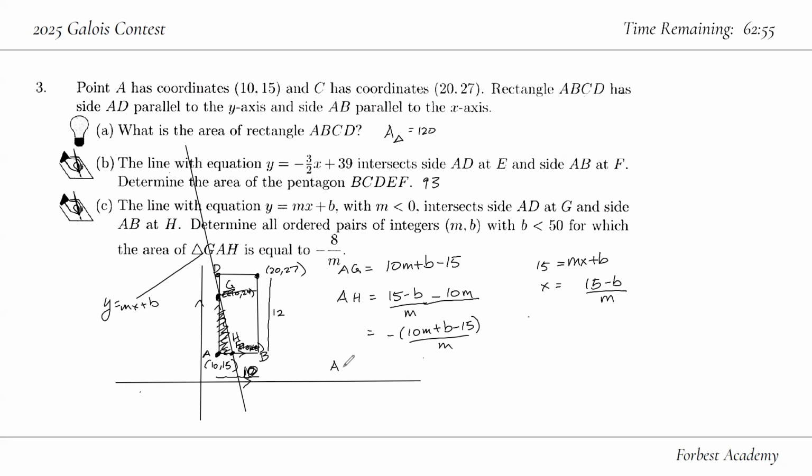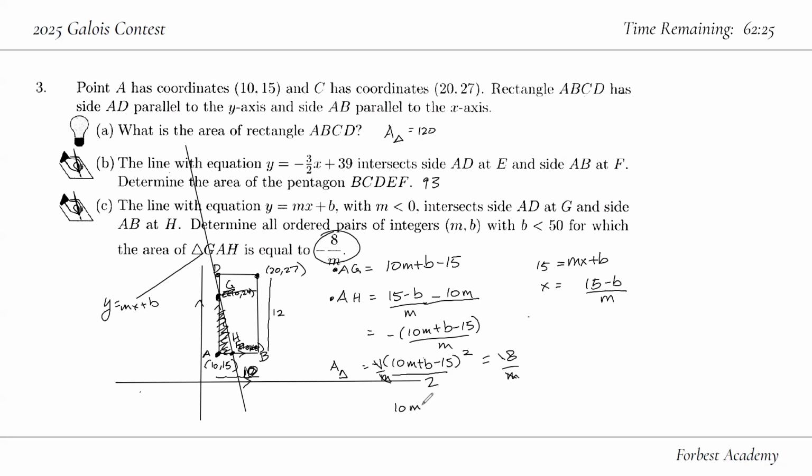So then area of the triangle, which is this times this divided by 2, is equal to (10m plus b minus 15) squared times negative 1 over m. And we want this to be equal to negative 8 over m. Negative 1 over m's cancel. Oh, and actually this should have been divided by 2 because we have the area of a triangle.